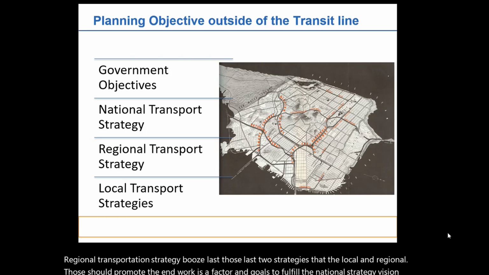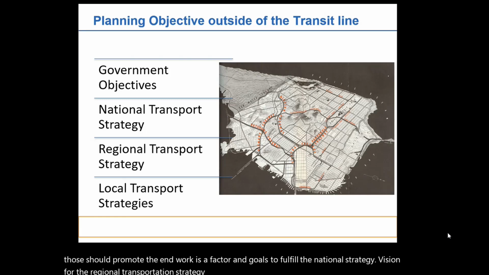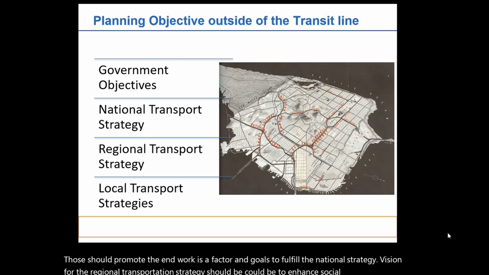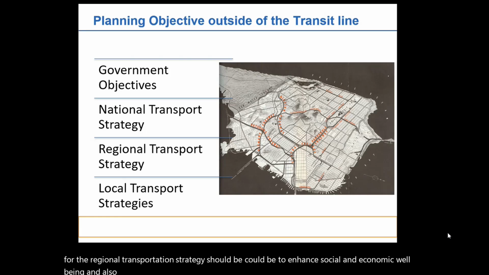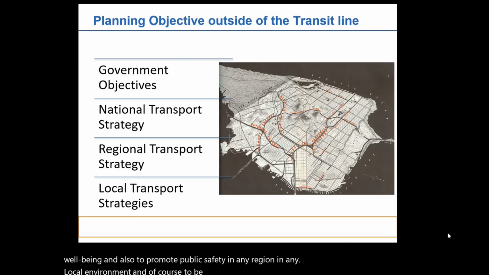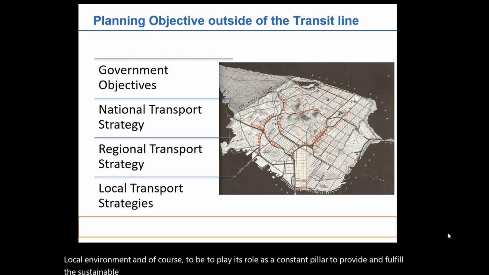So the regional transportation strategy should be or could be to enhance social and economic well-being, and also to promote public safety in any region, in any local environment, and of course to play its role as a constant pillar to provide and fulfill the sustainable development, and also to promote social inclusion.